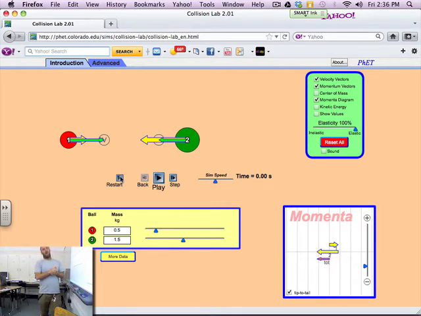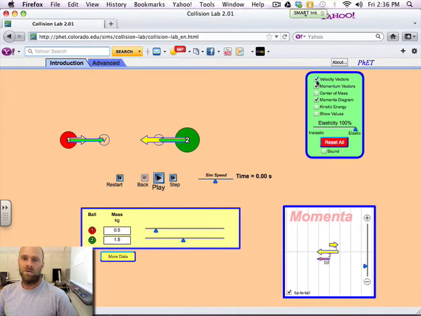Now, these yellow vectors are momentum. That's why it's called a momenta diagram. What does momentum mean? Observe. The green arrow, if I uncheck it and check it, is velocity.